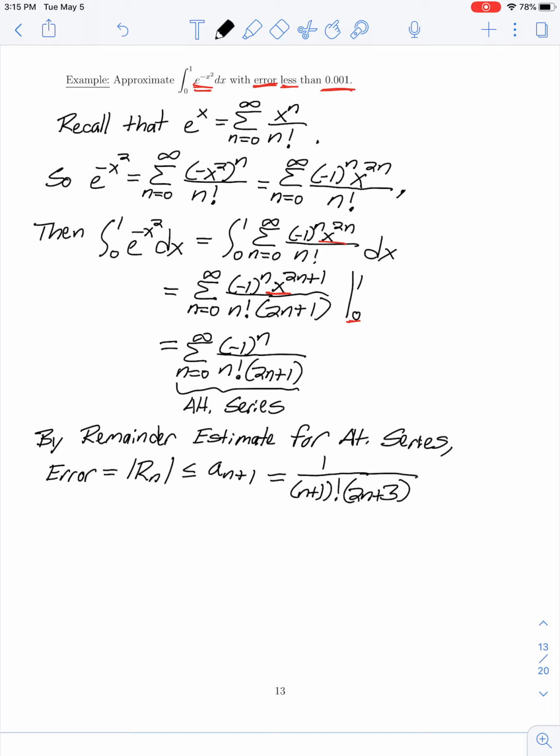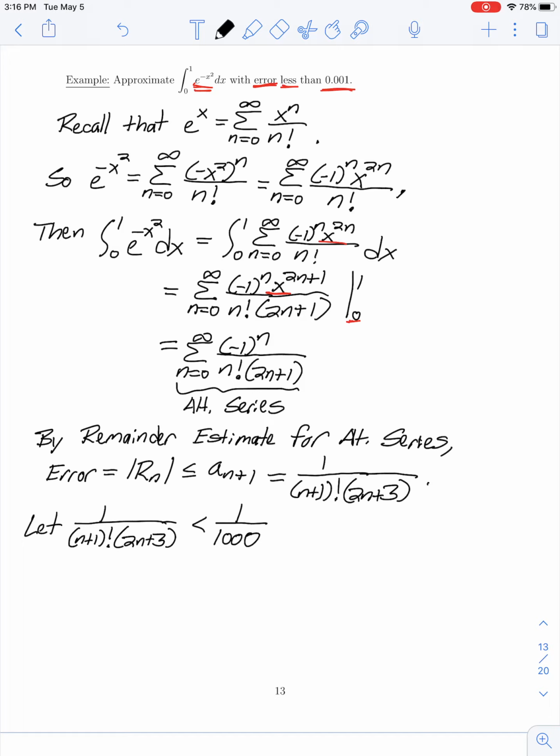So in order to achieve the desired accuracy, we're going to take this expression for the maximum possible error, 1 over n plus 1 factorial times 2n plus 3, and let it be less than the desired accuracy, which was 1/1000th.